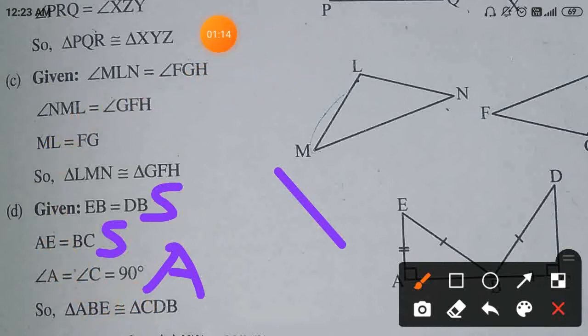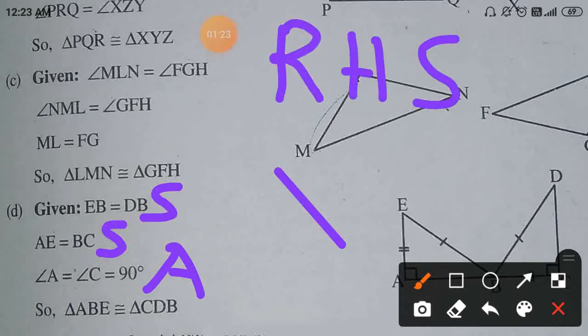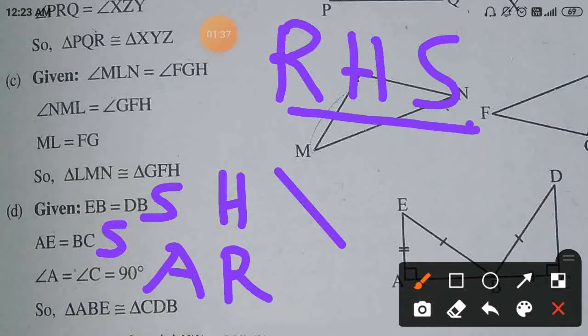It means the criteria that we are using for showing the congruency is RHS. Why is it RHS? Because EB equal to DB, that is the hypotenuse, and it is 90 degree, so it is a right angle. So RHS criteria we are using here to show the congruency between these two triangles.